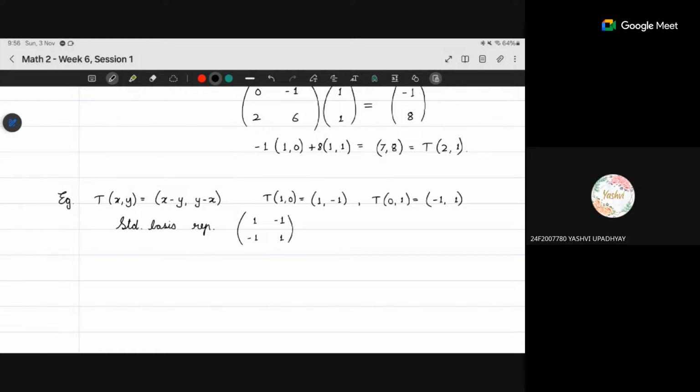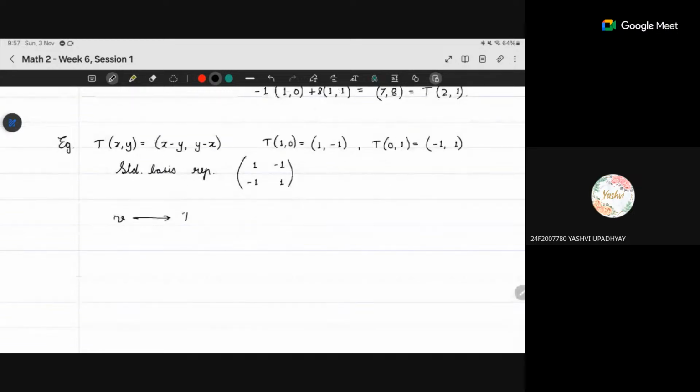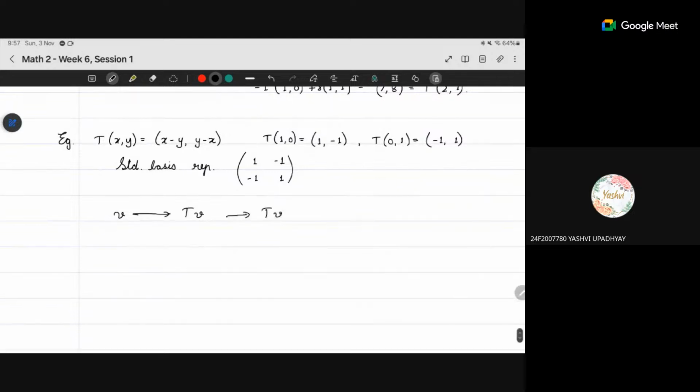But there are places where linear transformations are some sort of recursive process. Like I want to keep doing this. So the input is a vector, and I want to keep applying this transformation over and over again. If I do what is called T squared of v, which is nothing but T of T of v.